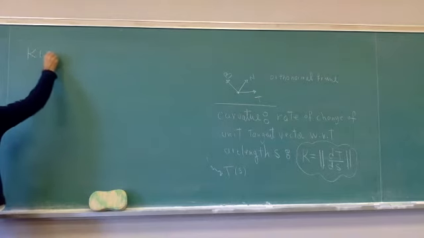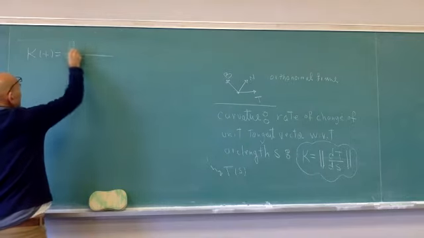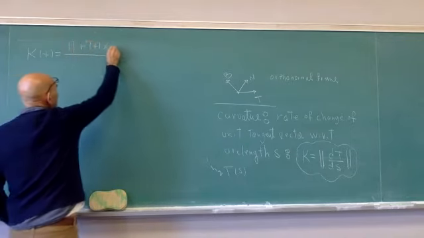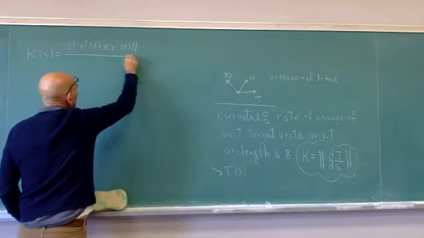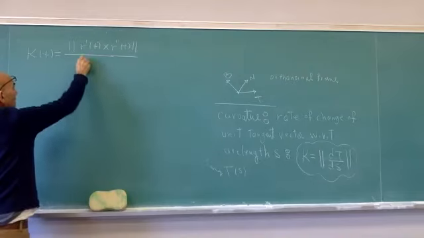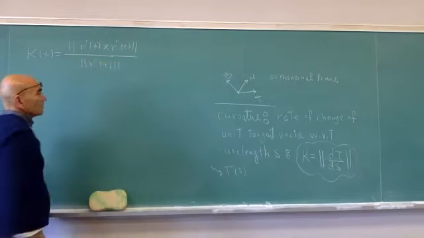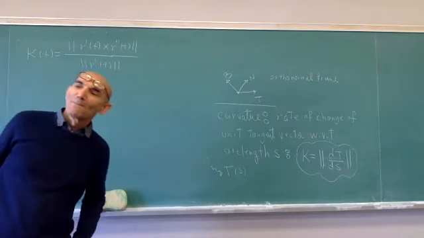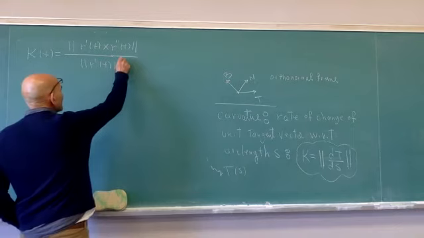Kappa of t turned out to be equal to the length of r prime of t cross r double prime of t, divided by the length of r prime of t. Do you remember to what power it was? 3/2? Or it's 3. Okay, it's 3, right.